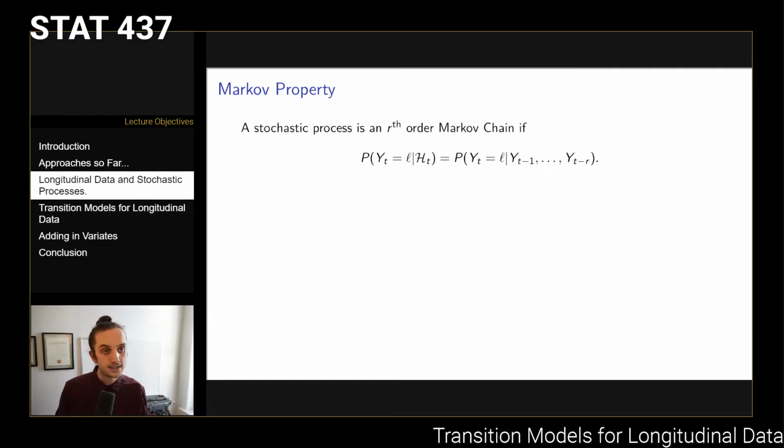Well, we call a stochastic process a Markov chain, an Rth order Markov chain, if the probability that we're in state L at time t, given our history, only depends on the most recent R states.